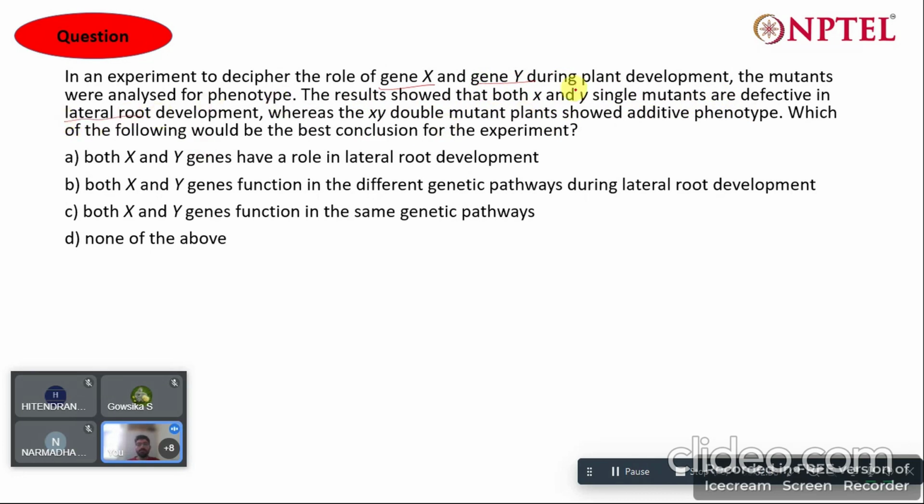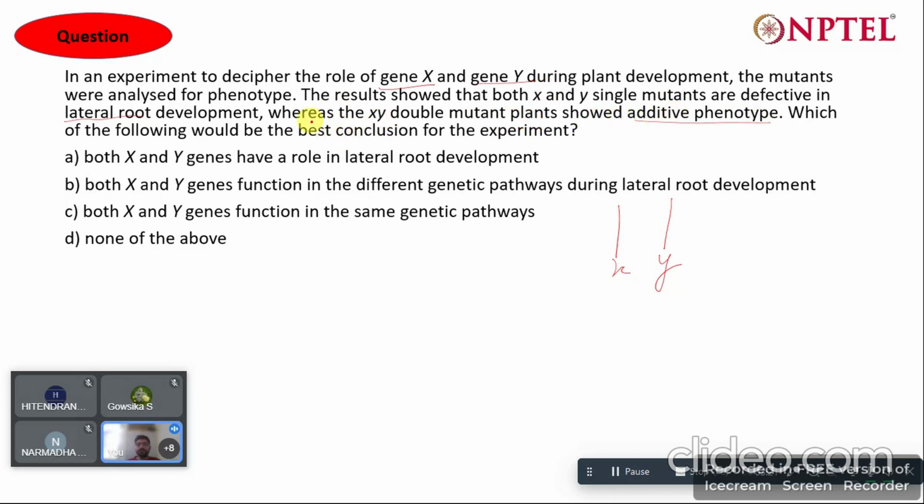In one plant only the X gene is mutated, and in the other plant the Y gene is mutated, and Y is normal in the first case and X is normal in the second. Whereas in XY double mutant plants, the additive phenotype is observed.